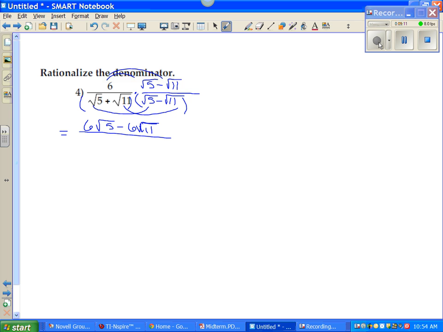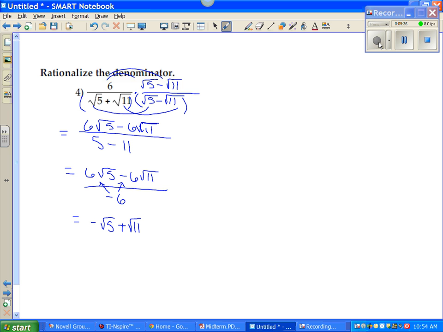Radical 5 times radical 5 is 5. Good. And this gives us what? Negative 6. Now what happens? Yeah, this can be divided in, right? So this becomes negative radical 5 plus radical 11.